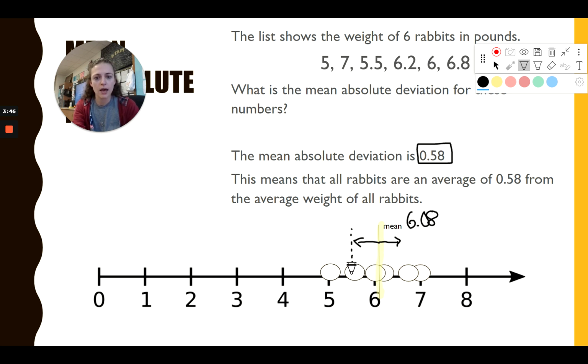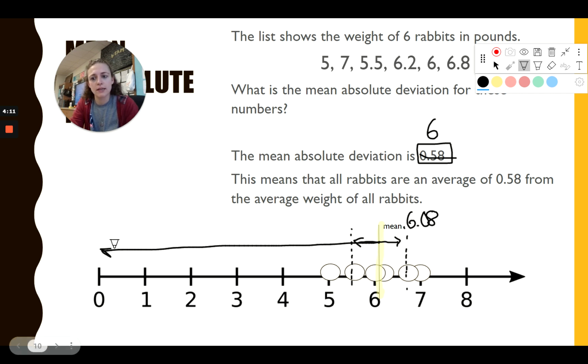So I have a mean absolute deviation of 0.5, meaning my points are about 5.5, which is half less than 6, all the way up to 6.5, which is half more than 6. And if you look at these data points, that is pretty true. That meaning that if you somehow got a mean absolute deviation of 6, does that make sense that all of your numbers are 6 less than the mean and 6 more than the mean?